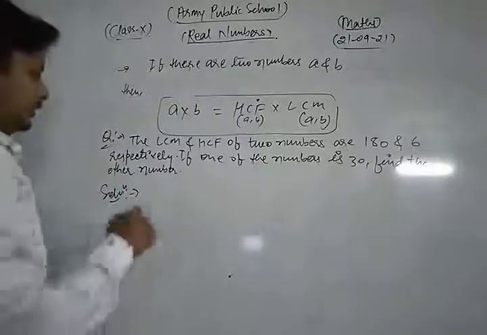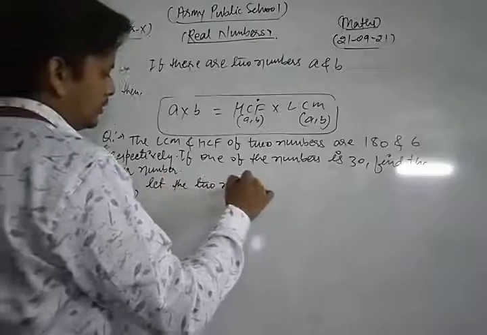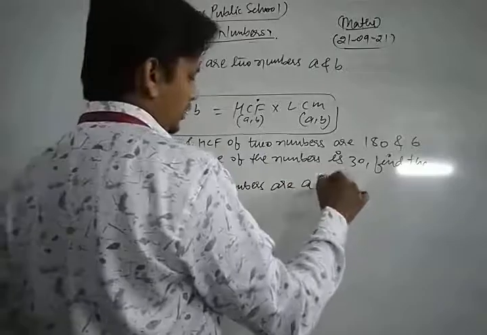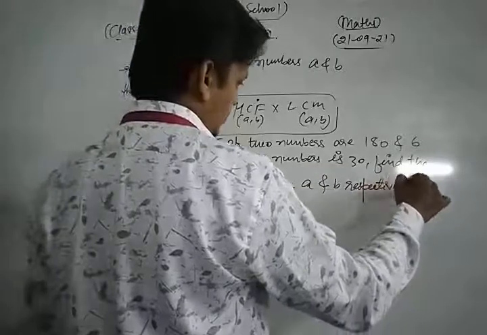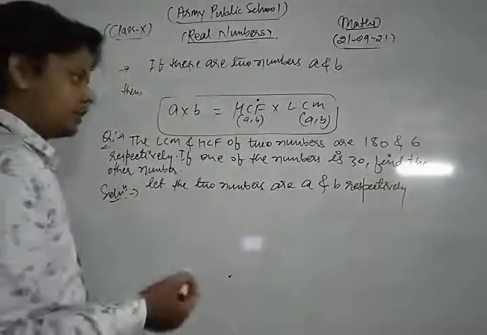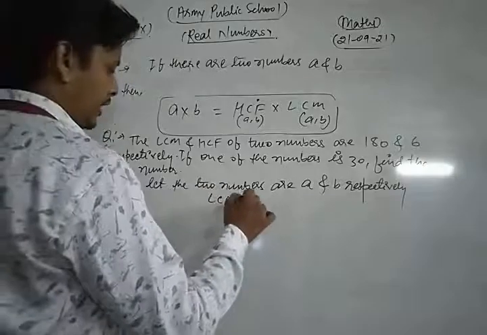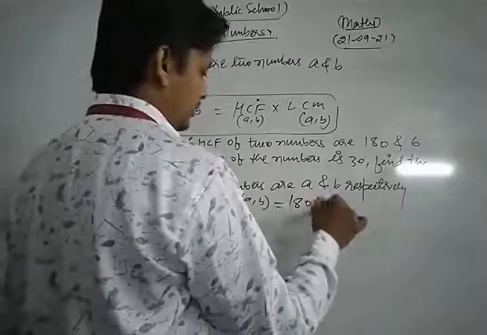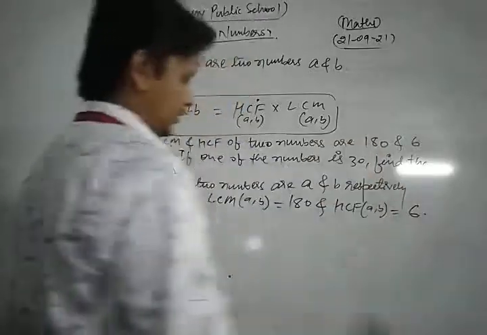So let the two numbers be A and B respectively. Their LCM is 180 and the HCF of these two numbers is 6.